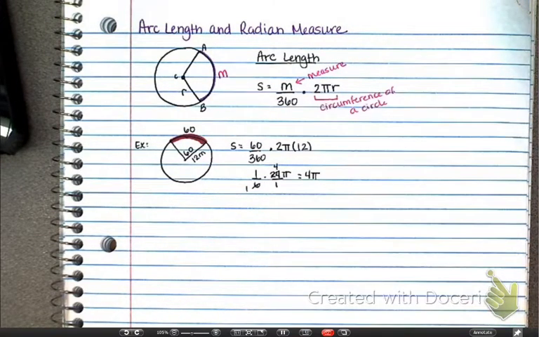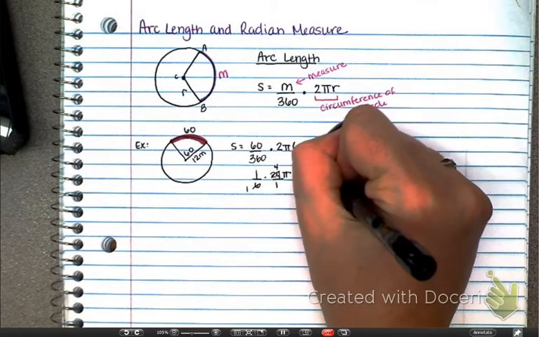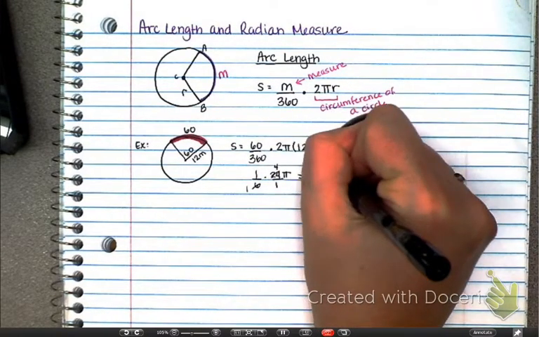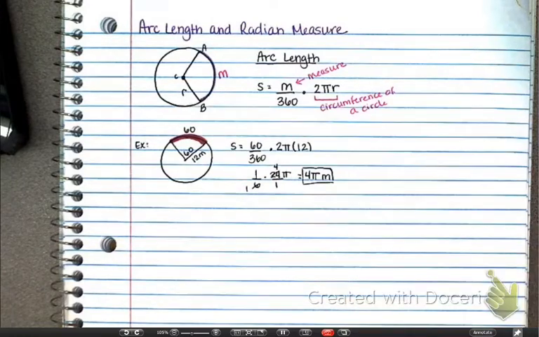And because it's the length of the arc, or it matches with my circumference, my units are just meters. So 4 pi meters. Again, I'm not going to make you convert it. You should know how to multiply by 3.14, but I'm going to let you leave it in terms of pi.